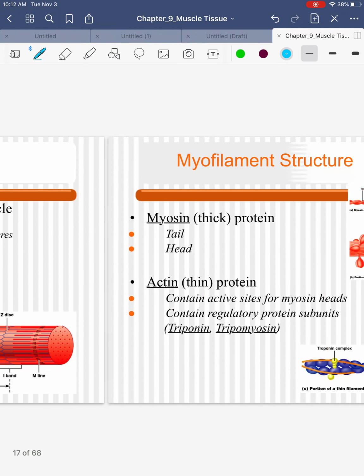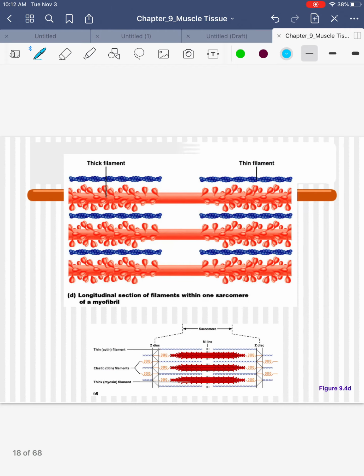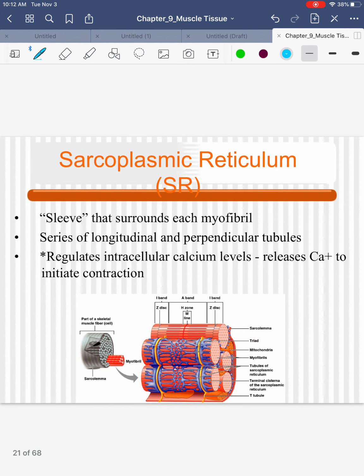The last thing that I wanted to remind you of, and these are just more pictures that you can use, the last piece of anatomy to talk about is what's called the sarcoplasmic reticulum. So we're looking at the myofibril. So each one of these is a myofibril. There's a myofibril, there's a myofibril, right? Well, each myofibril has this sleeve covering it called the sarcoplasmic reticulum. Sleeve that surrounds each myofibril.